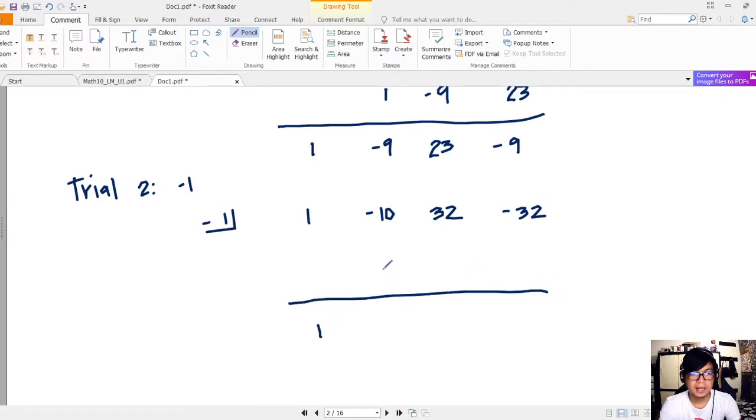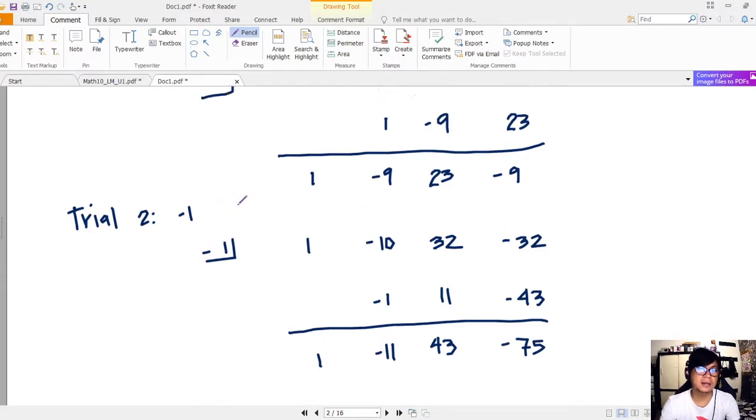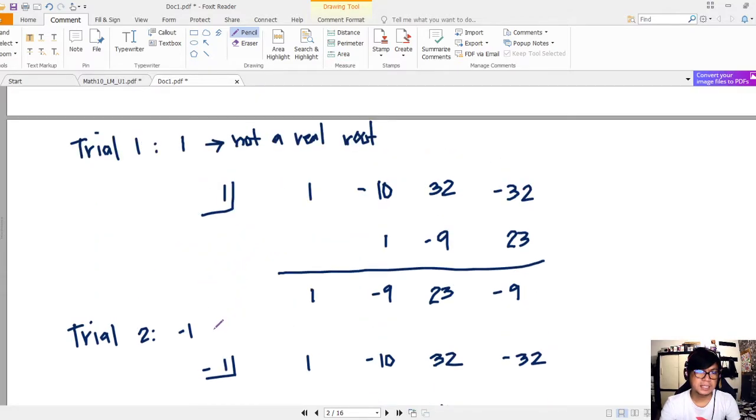So, 1, negative 1, negative 11. Negative 11 times negative 1 is 11, so this is 43. Negative 43. So, the answer is negative 75. So, hindi rin 0. So, negative 1 is not a real root.